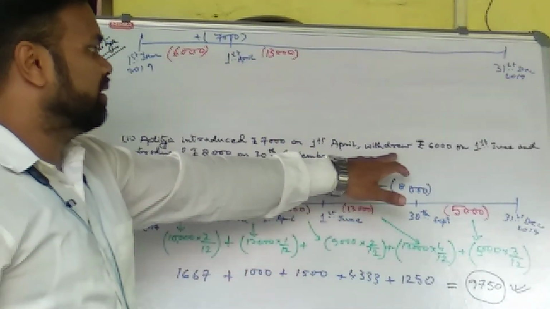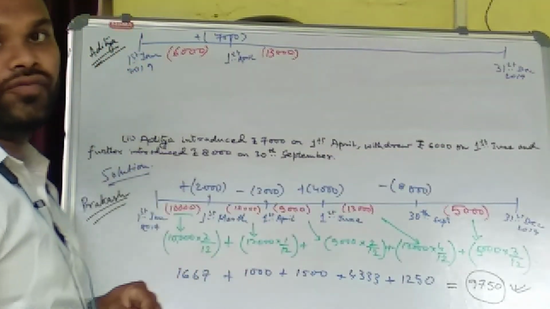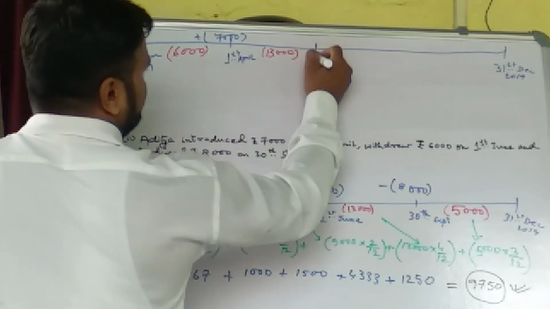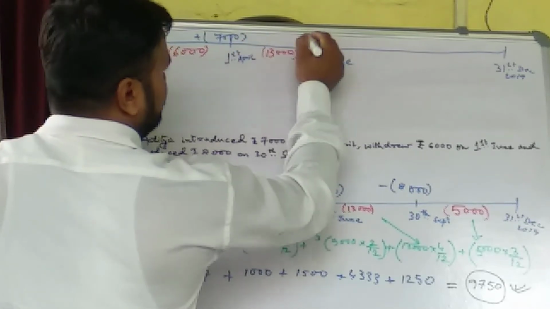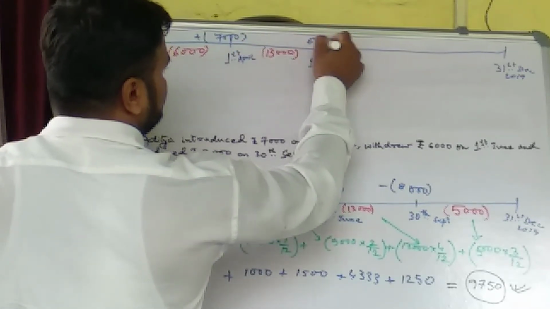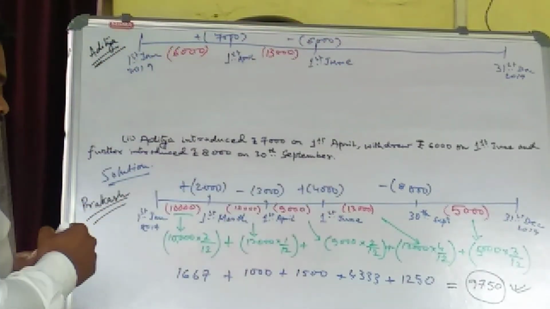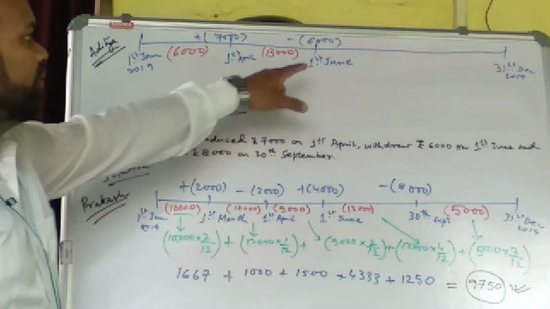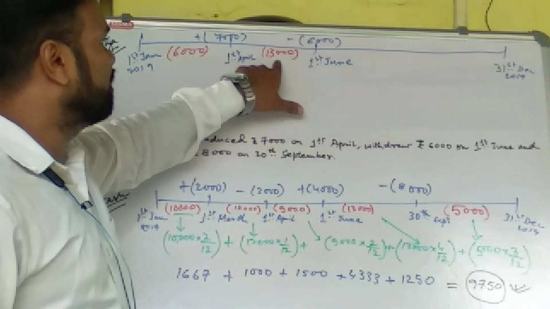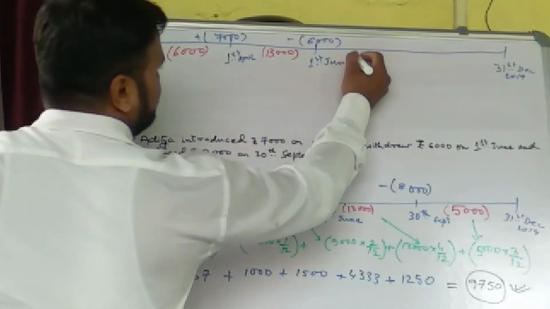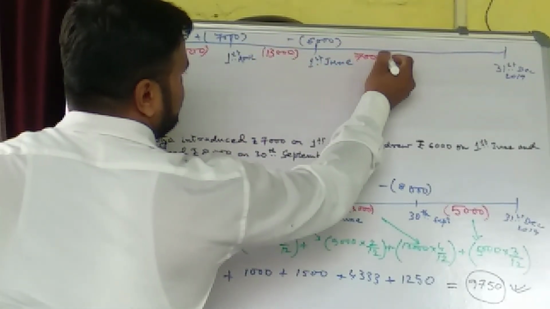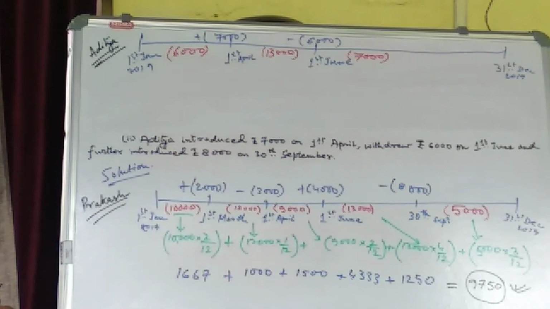Again, he withdrew 6,000 on 1st June. So after withdrawing 6,000, what is the amount left? 13,000 minus 6,000, that is 7,000, right?